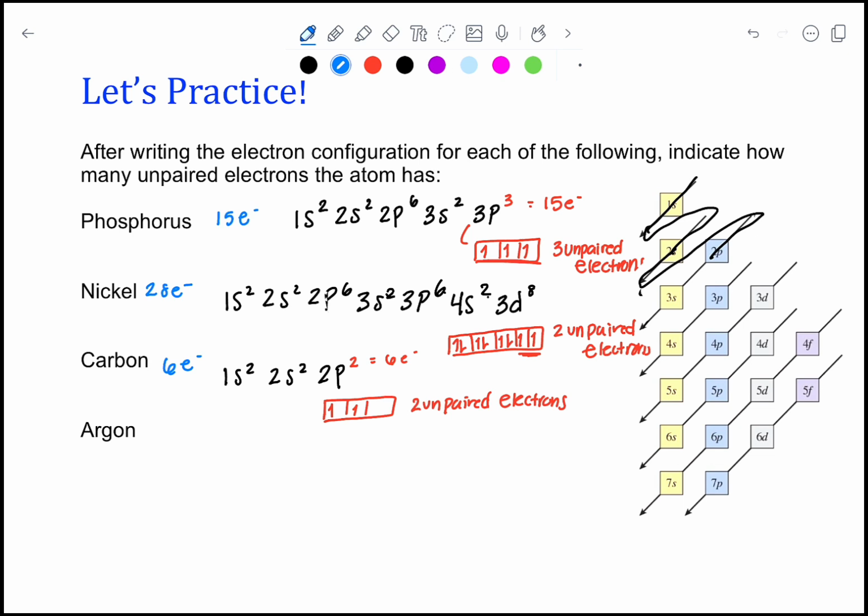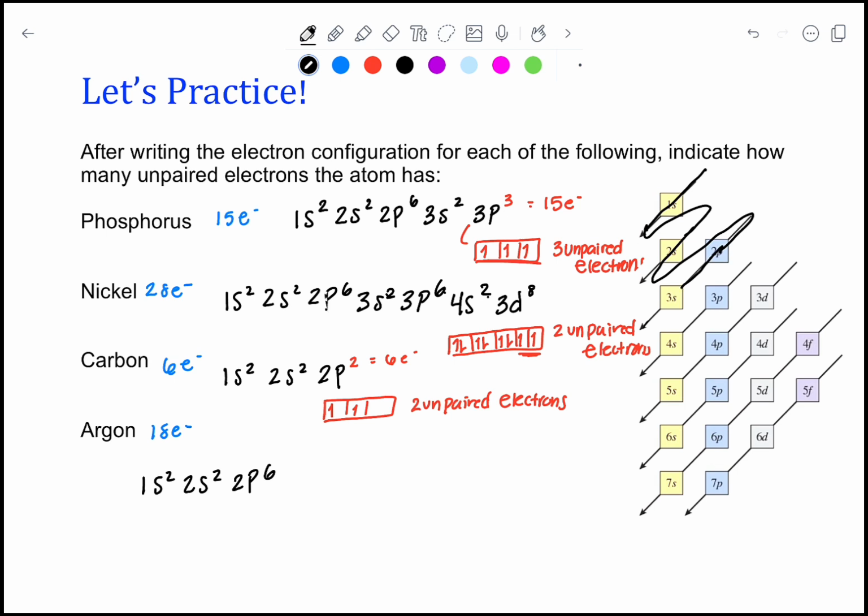Okay, argon. Let's do argon next. Argon has 18 electrons. Okay, so let's follow our plot. We have 1s, 2. We jump over to 2s, 2. We then go to 2p6, that's 10 electrons.